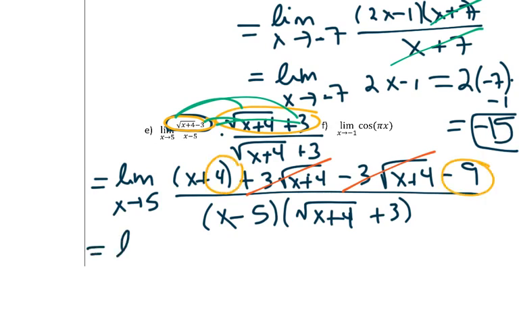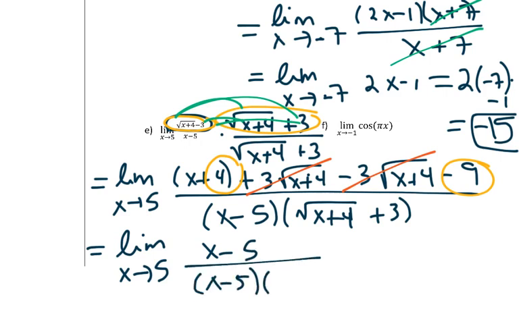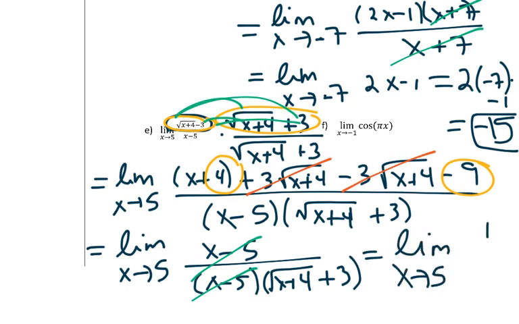So this becomes the limit as x approaches 5, and up top I now have x minus 5, and on the bottom I still have those two. And this is why I did not want to just multiply the bottom out, because now those are gone. They cancel each other out. So this becomes the limit as x approaches 5 of 1 up top, and then I still have all that stuff on the bottom, plus 3.